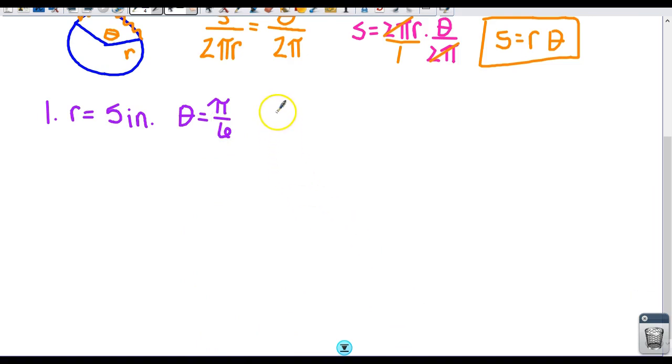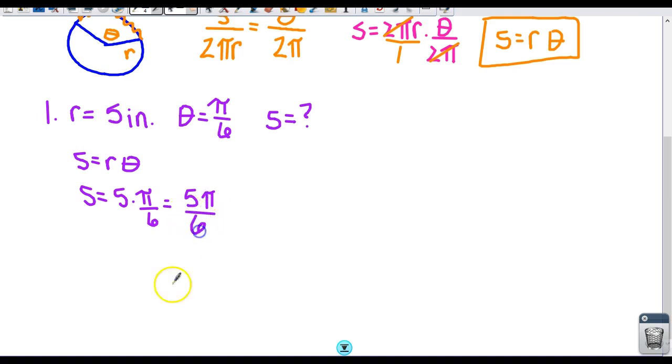And I want to know what is S. So this is S equals r theta. This is a plug and chug problem, right? You've got the radius, you've got theta. So S equals the radius, which is 5, times pi over 6. So what's your answer? 5 pi over 6.